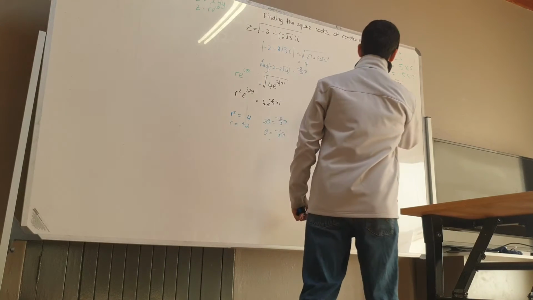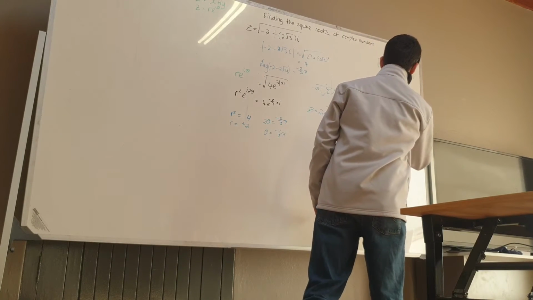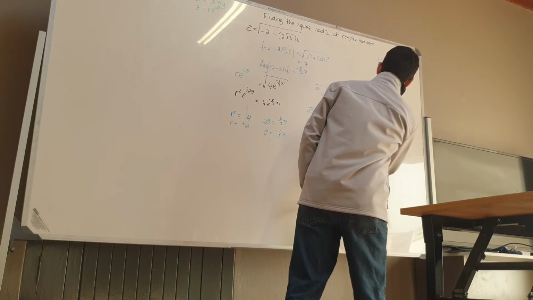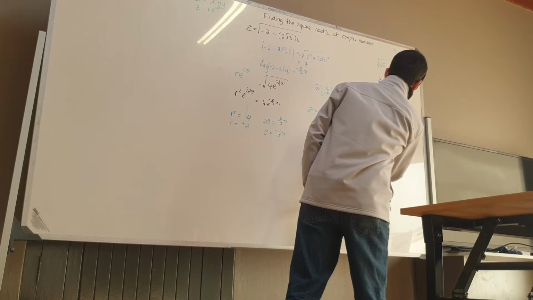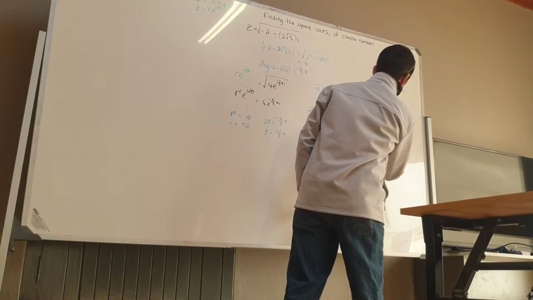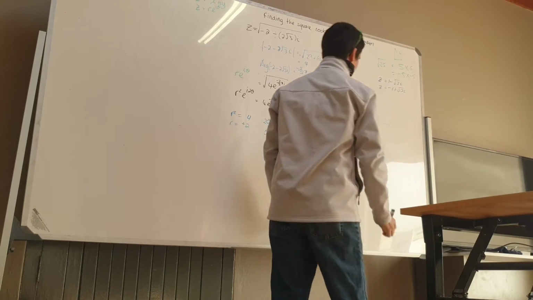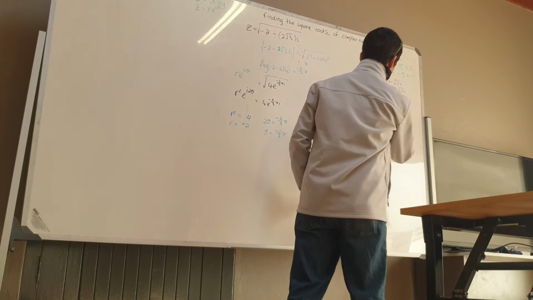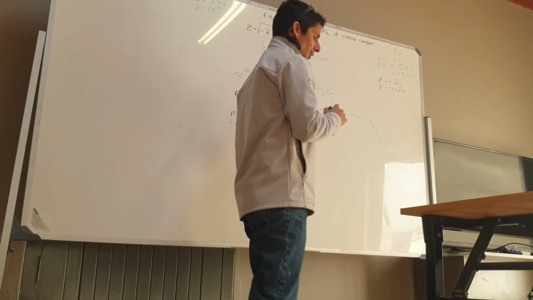Here is minus pi on 3, somewhere over there. So here's my complex number. It has magnitude 2, and its angle with the real axis is minus pi on 3.